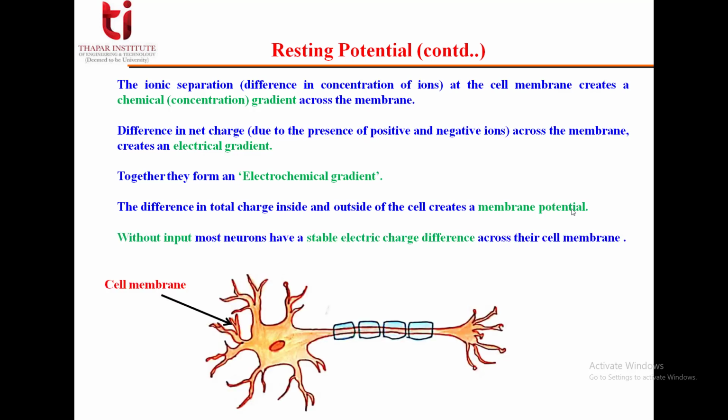Without any input, most neurons have a stable electric charge difference across their cell membrane. You can see in this figure it is negative inside and positive outside, because it is more negative inside and more positive outside the cell membrane.